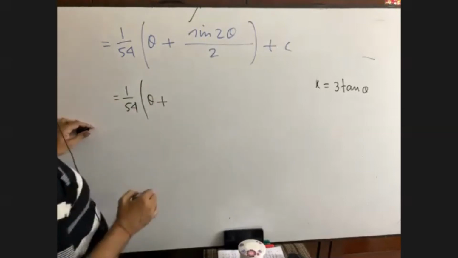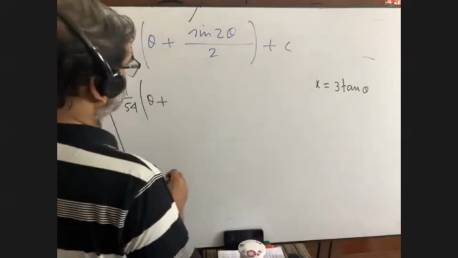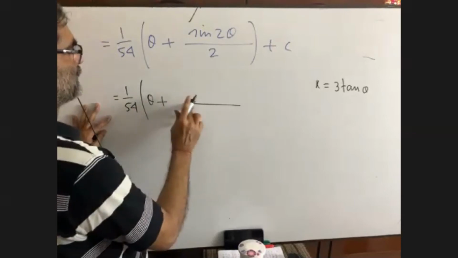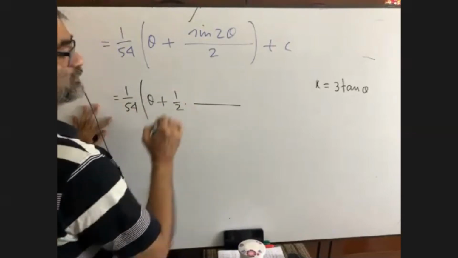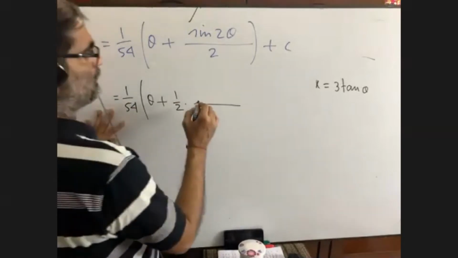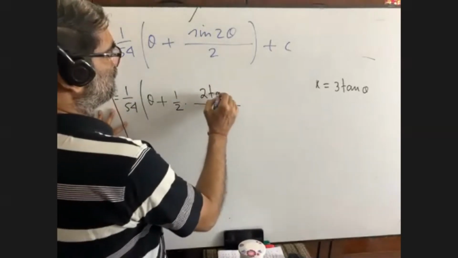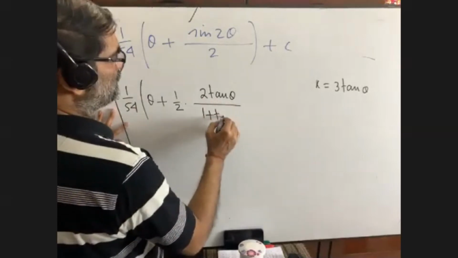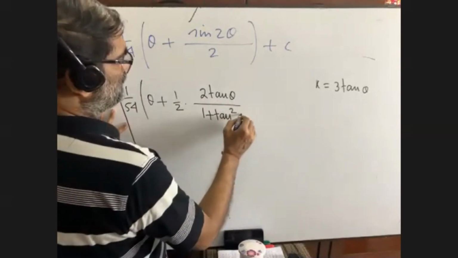What is sine 2 theta? What is the formula of sine 2 theta in terms of tan theta? 2 tan theta by 1 plus tan square theta.